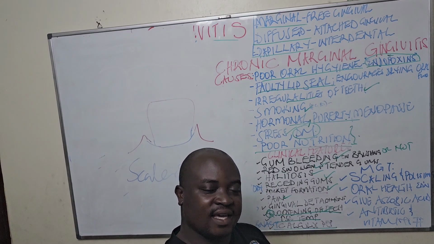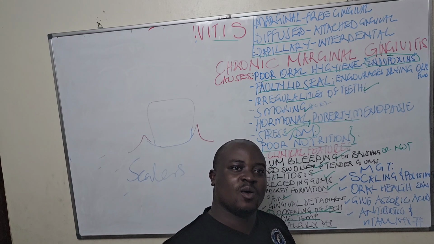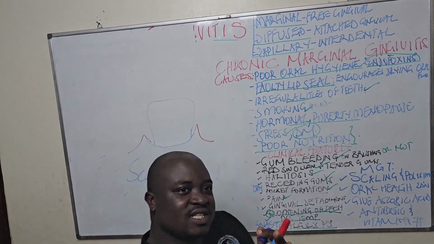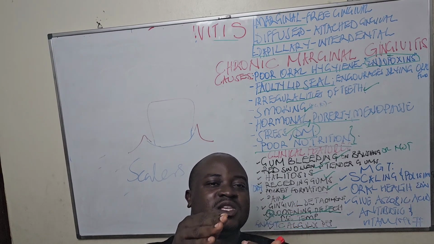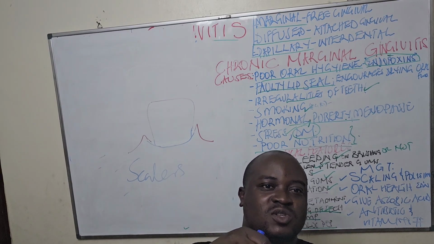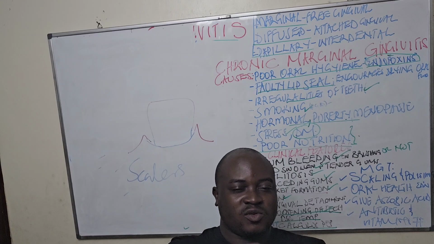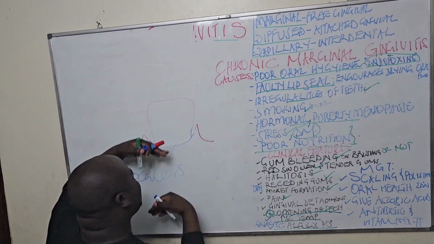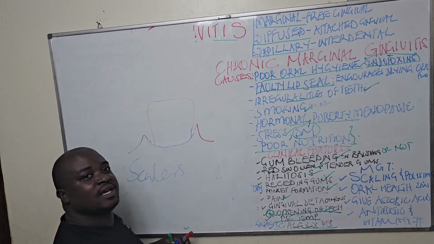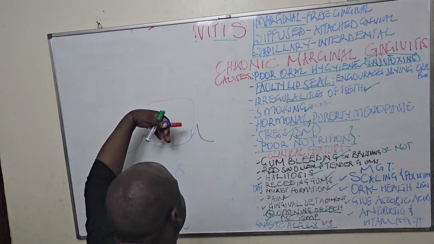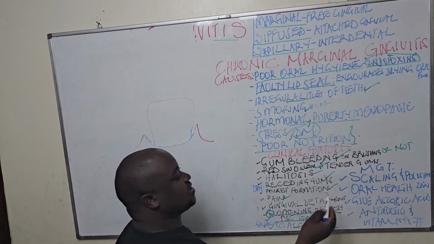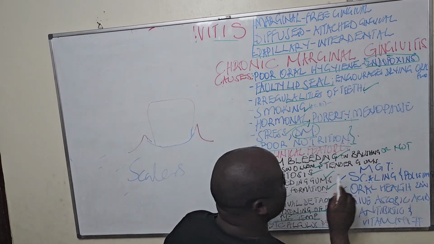We call it scaling and polishing, cleaning of the area between the tooth and the gum. Some of this calculus can be between the tooth and the gum, in the area we shall call subgingival, in the area just under the gum. And the tooth seems clean, but the subgingival area is affected. So scaling is really done to clean that area.